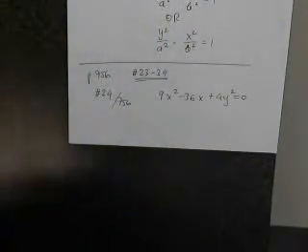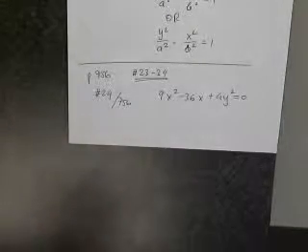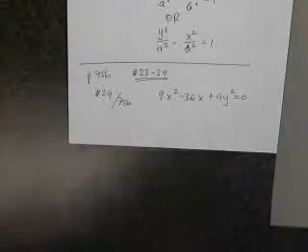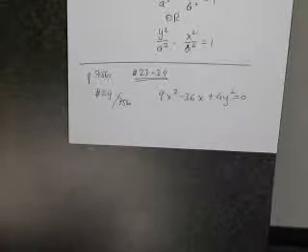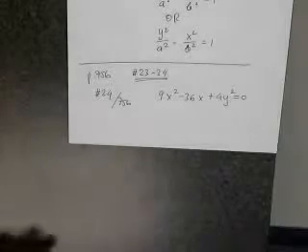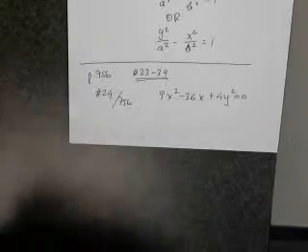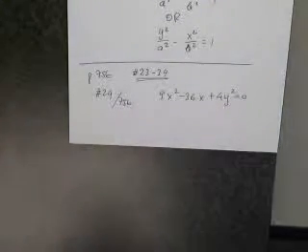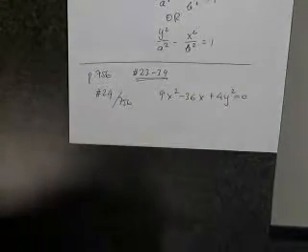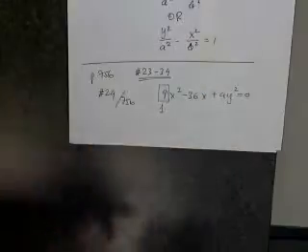Okay. So I'm looking at this equation, and I'm already told that I have to complete the square. However, I cannot complete the square on 9x^2 - 36x because the leading coefficient is not 1. The leading coefficient has to be 1.